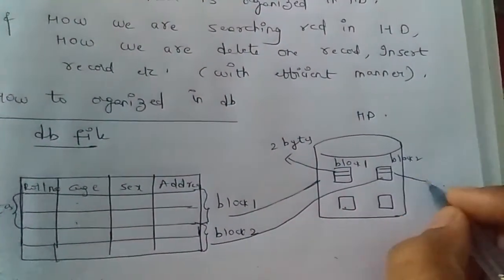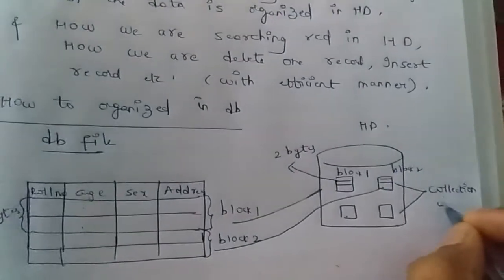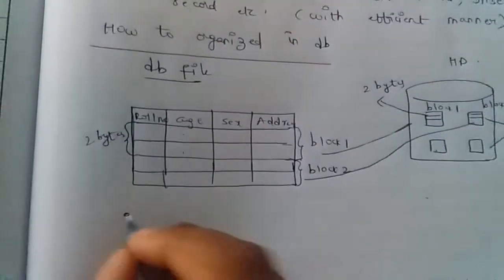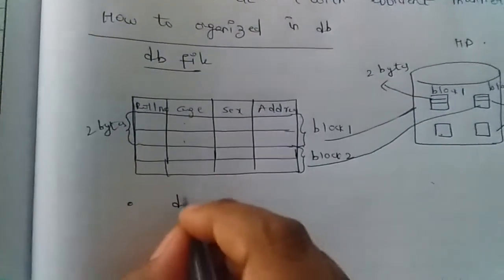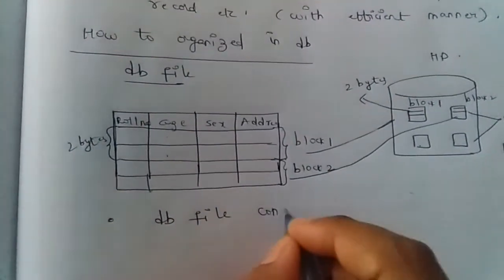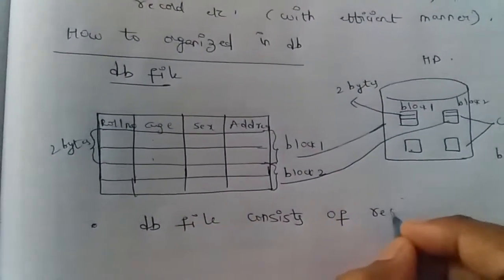These blocks are a collection of blocks. Explanation: a database file consists of records.